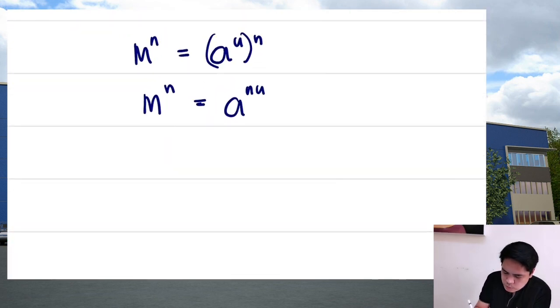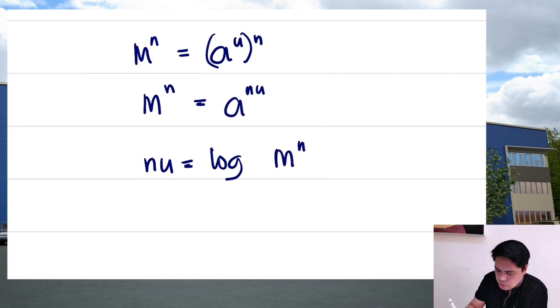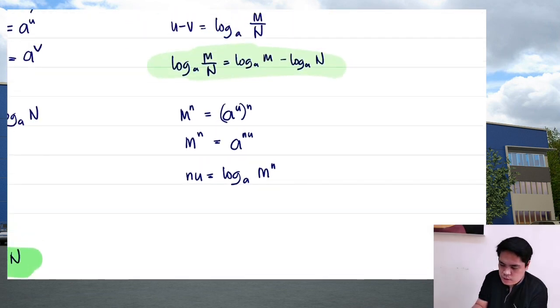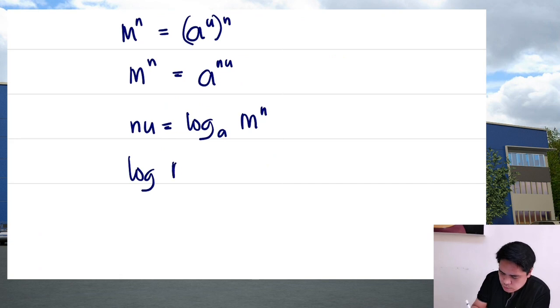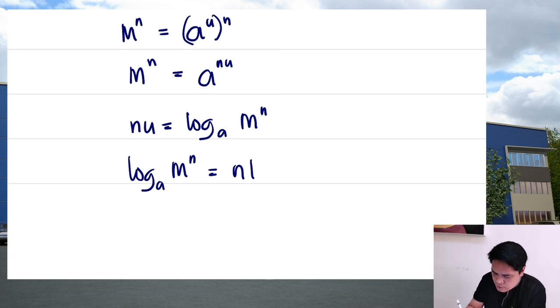So in logarithmic form, u is equal to the logarithm of m raised to n to the base a. We have the logarithm of m raised to n to the base a is equal to n times u. Again, u is the logarithm of m to the base a.